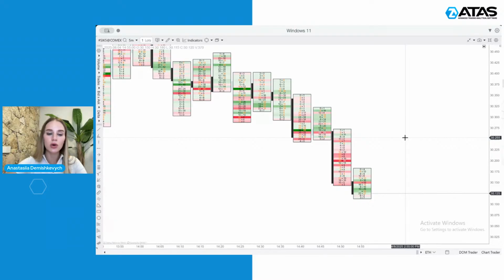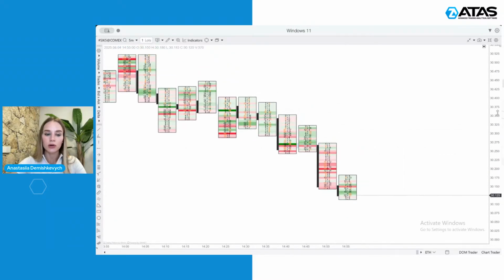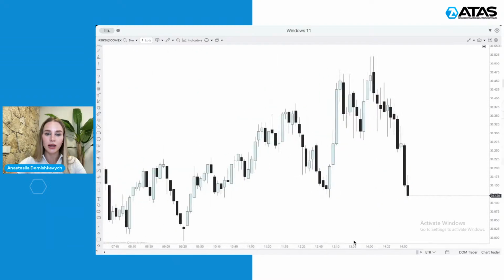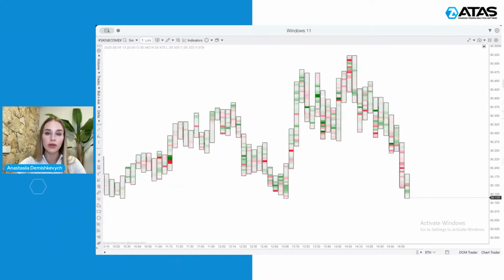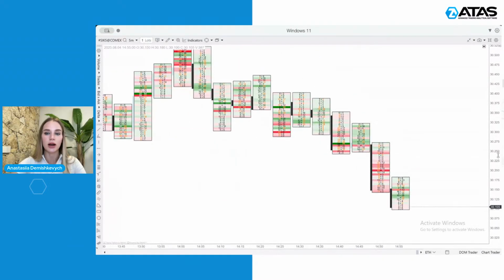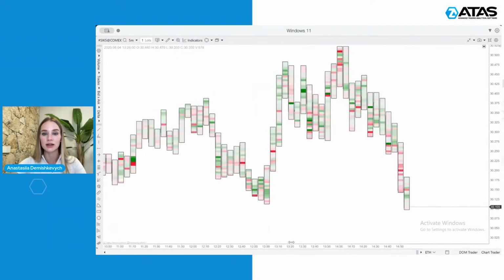So let me show you how it looks. So that's an example of standard candlesticks, right? And you can auto-transform them into the clusters. If you set the settings in your ATAS platform, you could also essentially zoom in on the chart, even if you are on the standard candlesticks.